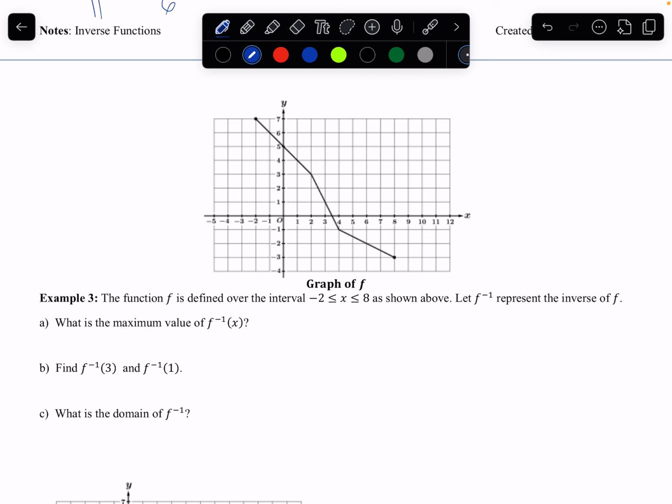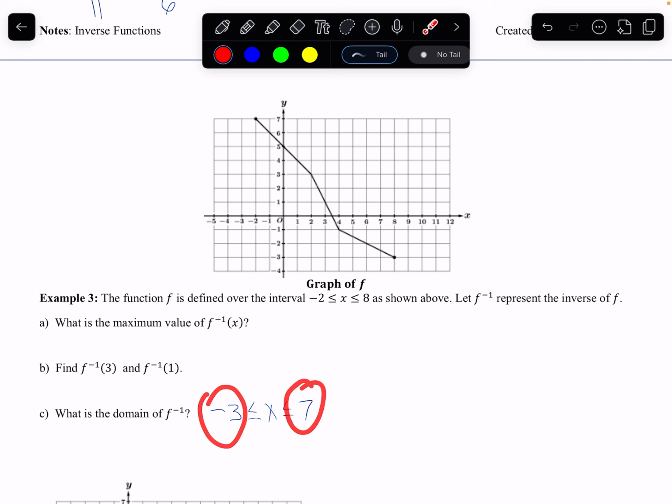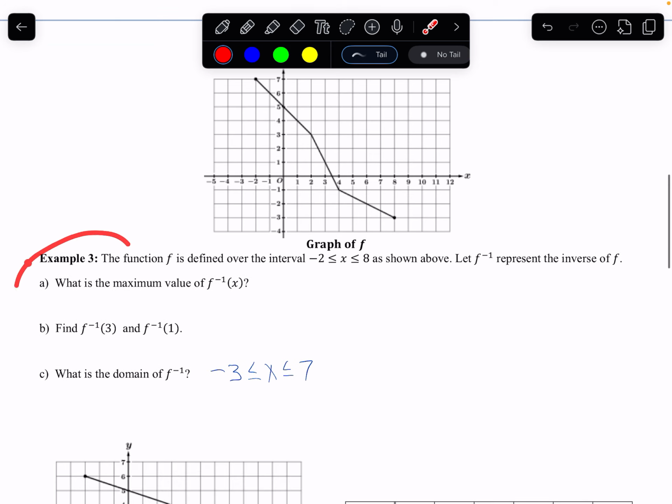The domain of the inverse is going to be -3 less than or equal to, because we want to include it, x, because we're talking about the domain of the inverse, less than or equal to 7. So the domain, that's your x's. The x is between -3 and 7, including the -3 and including the 7. So make sure you do these two.